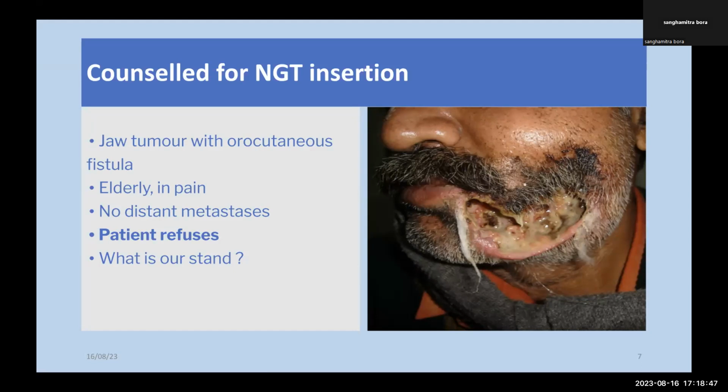So the surgeon or the treating oncologist decides on giving this patient a Ryle's tube or an NG tube so that further treatment can be properly done. Now, the patient refuses to take the NG tube insertion.